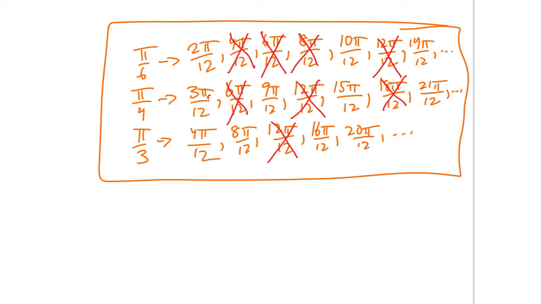If you're just thinking about which values you're allowed to use, you could think 2, 4, 6, 8, 10, 12, except 6 and 12 are no good, right? You could just think the multiples of 2 and the multiples of 3 are the ones that you can use. And then we're going to write it out. And when we reduce the fractions, you just have to make sure you're reducing them to the correct fraction.